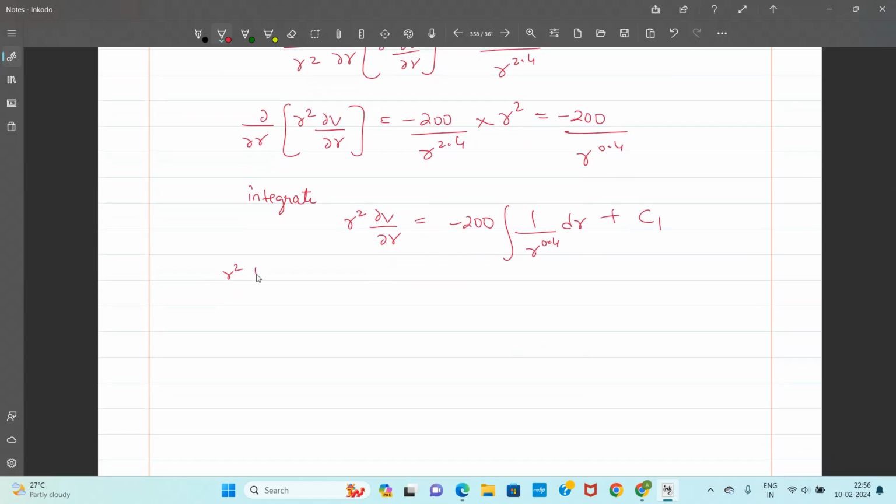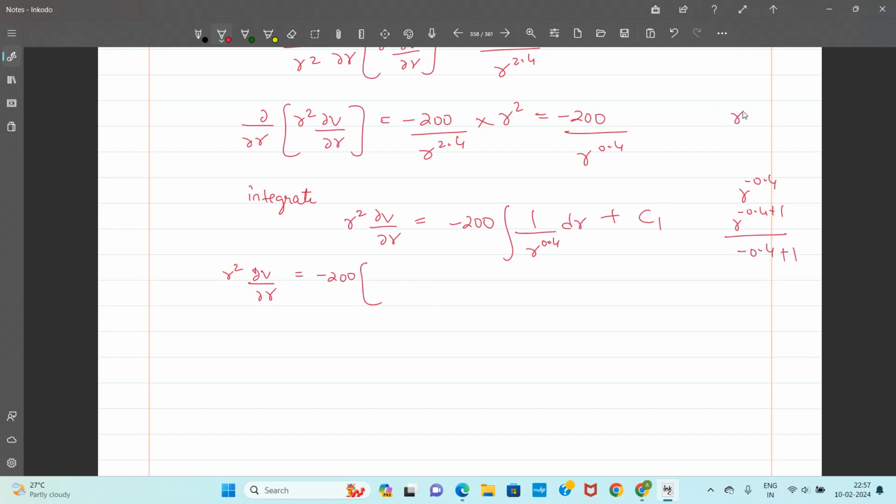Okay, so r square dou V by dou r is equal to minus 200 into integration of r to the power 0.4. In the denominator you have r power 0.4, so if you take it to the numerator it becomes r power minus 0.4, and integration of this will be r power minus 0.4 plus 1 divided by minus 0.4 plus 1.